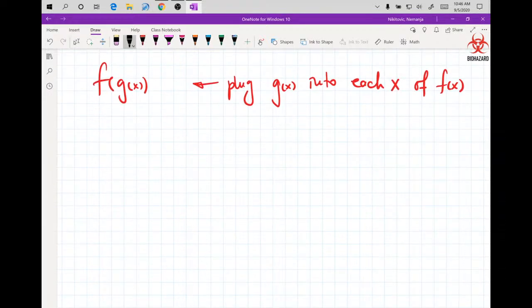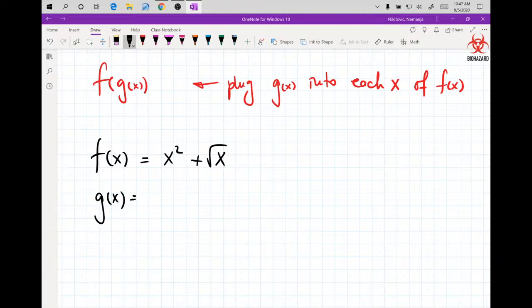So the best explanation here obviously would be an example. So let's say your f of x is x squared plus square root of x, and your g of x is sine x. You have two functions. You have a function f of x, which is a combination of a polynomial and a radical function, and you have a trig function in g of x.